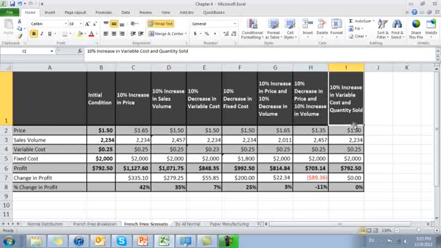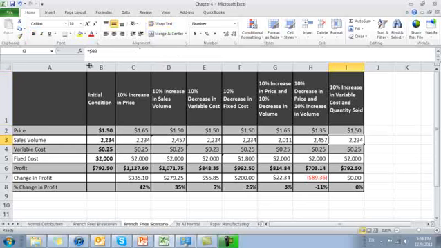Next, let's say that I tried to increase my variable cost and the quantity sold, both by 10%. So this is where like the marketing manager comes to you and says, I think that if I make a better product, I can sell more. Then your question becomes, well, how much better and how much more? And I said, I'm going to make this 10% better and I'm going to sell 10% more.